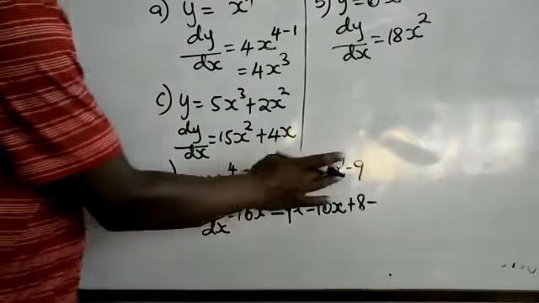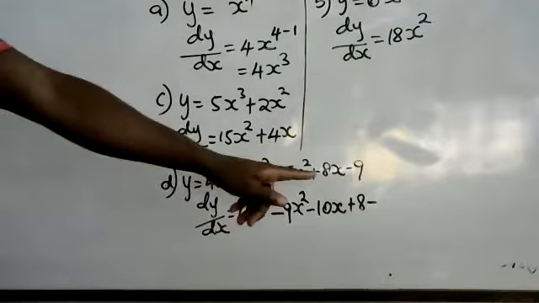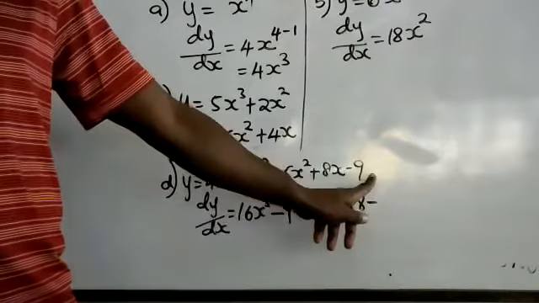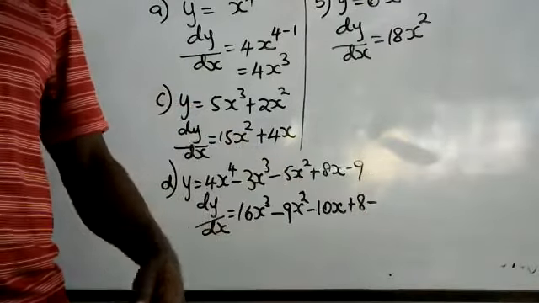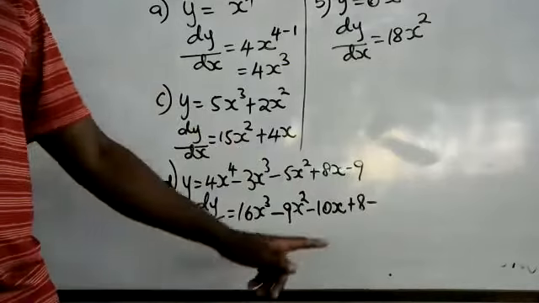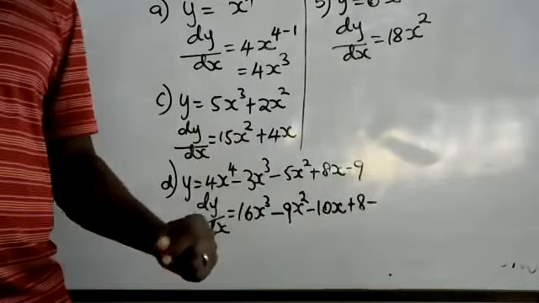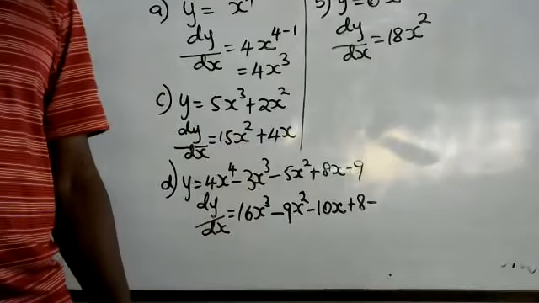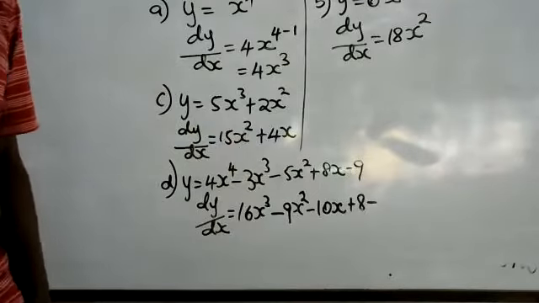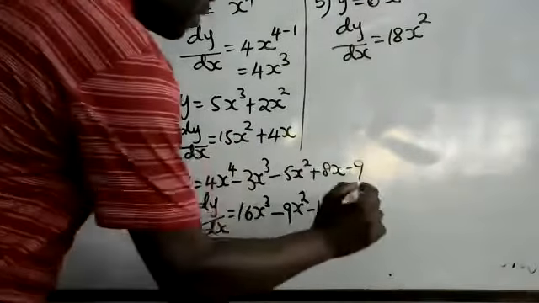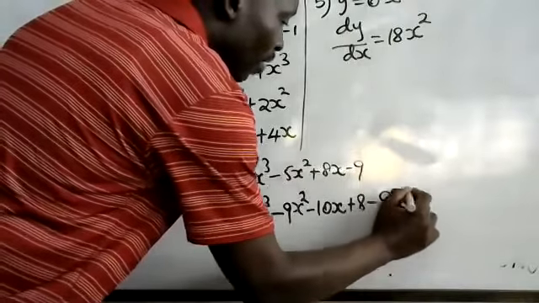Whenever we have a constant, in this case 9 is a constant because it does not have any x attached to it, if you differentiate a constant, the answer is 0. Reason being, this is the same as 9x raised to power 0.